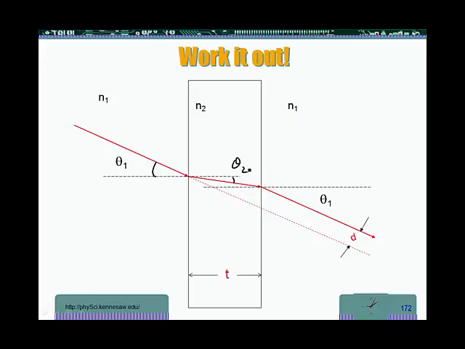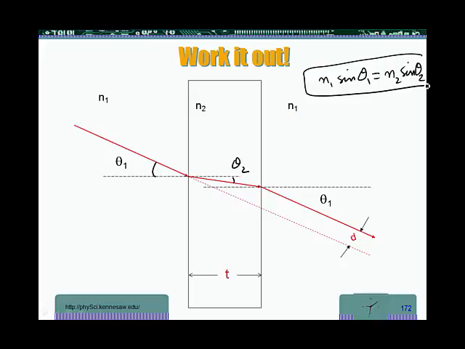Theta sub 1 and theta sub 2 are related by Snell's law. So I have n1 sine theta 1 equals n2 sine theta 2. That's the relationship between them. If we know n1, theta 1, and n2, we can find theta 2.